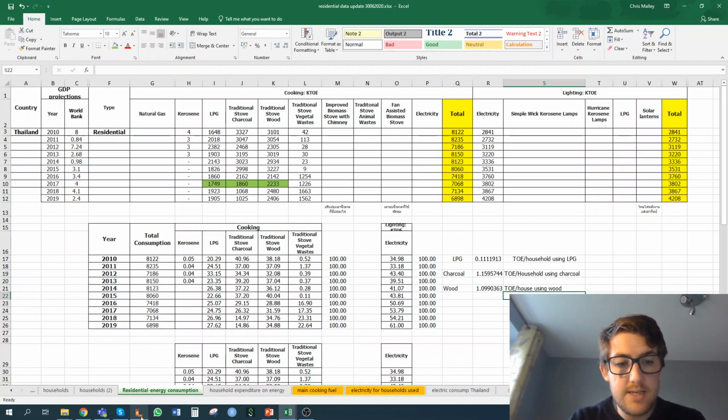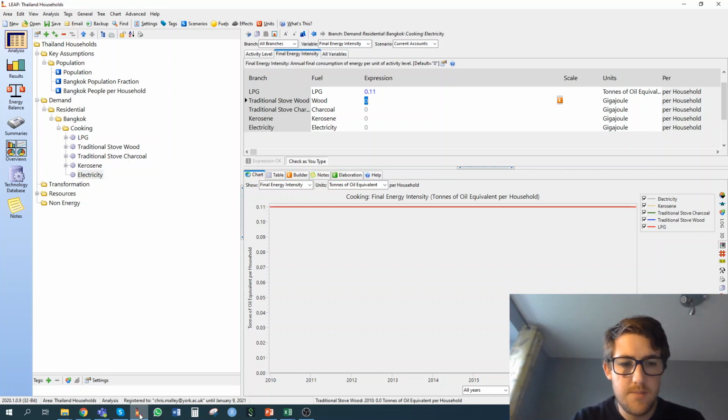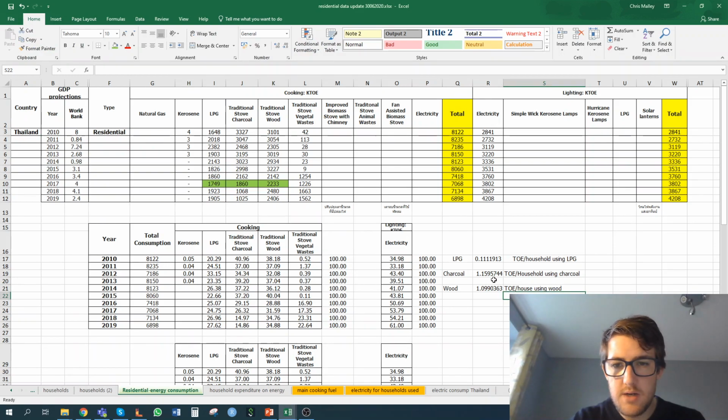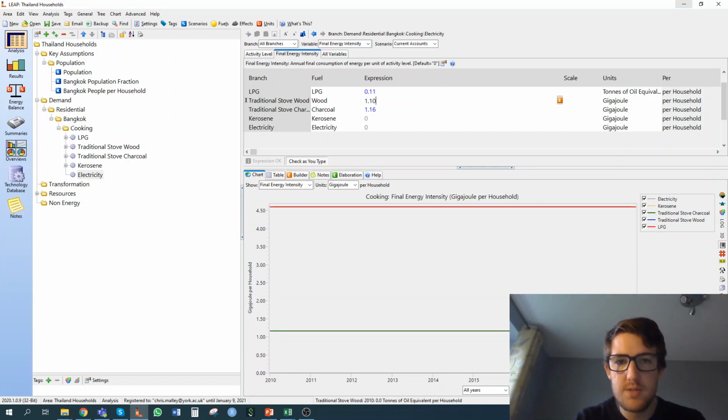So I can enter these values here, 0.11 for LPG, for charcoal 1.15 or 1.16, and wood 1.10.